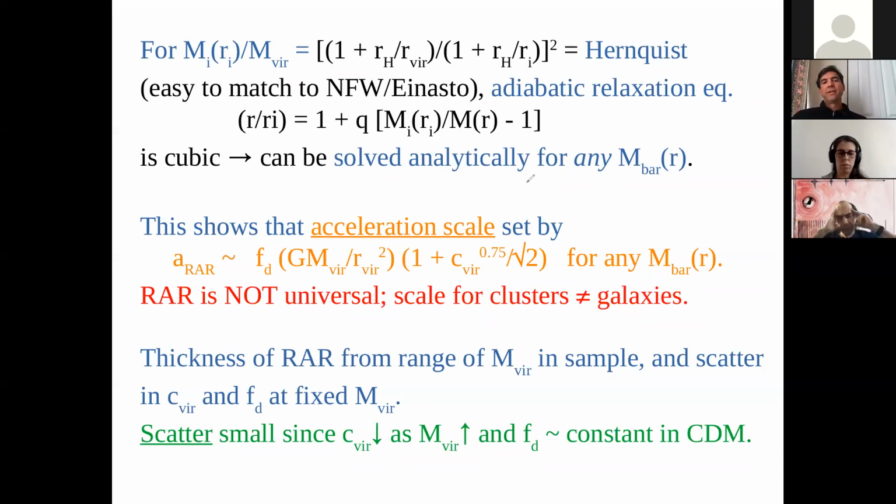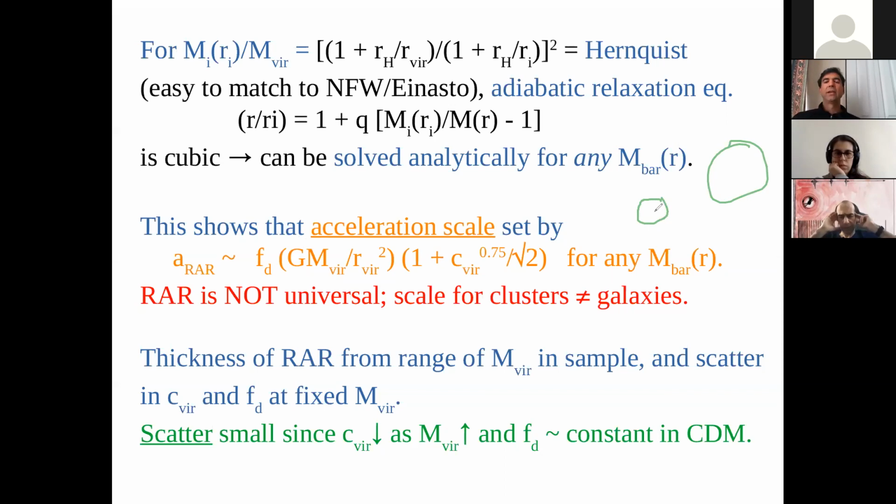So for MOND, and that's why I've been slightly careful in saying this, they will worry that if I have a galaxy and there's some big cluster here, or some other object, or this galaxy is in a cluster, then what should I be calling the acceleration? And so for MOND, they worry about what they call the external field effect.